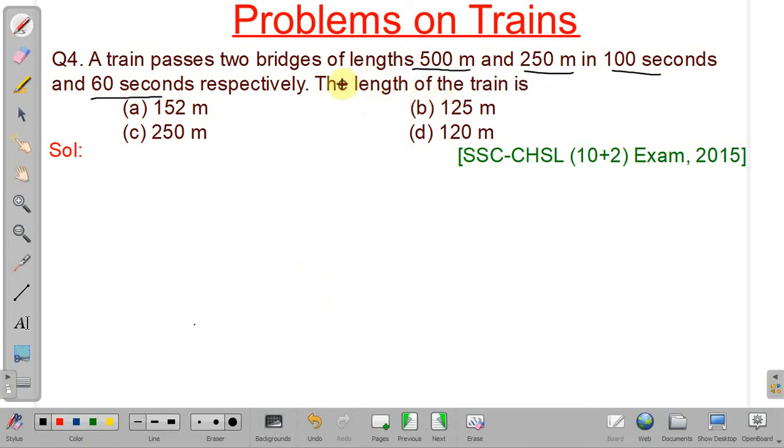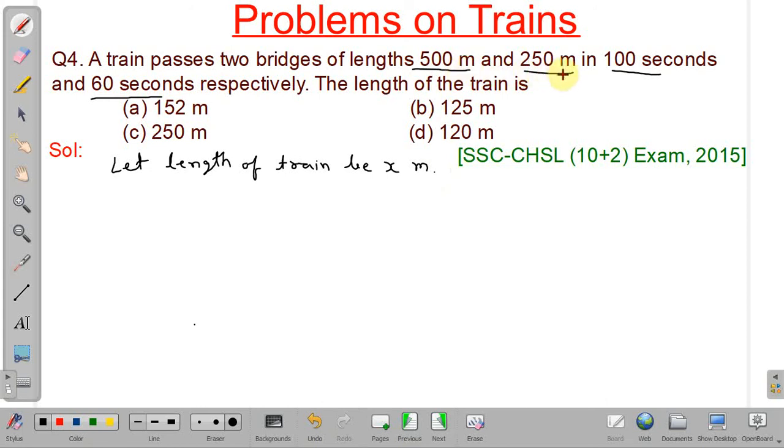So we will assume the length. Let length of train be x meter.